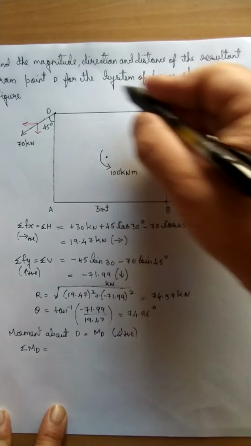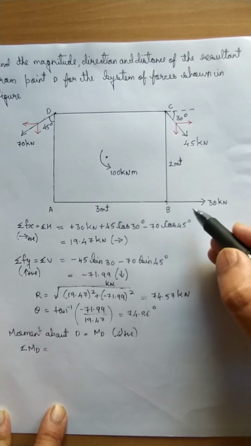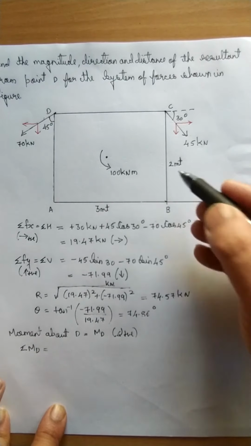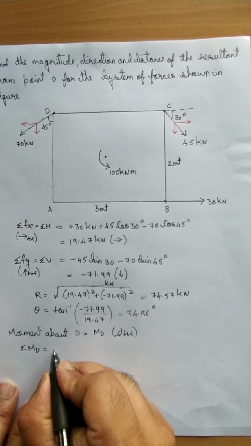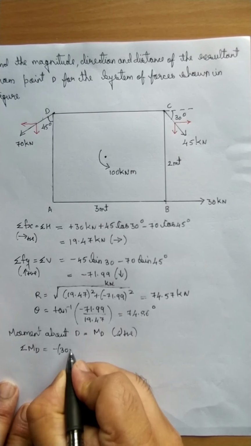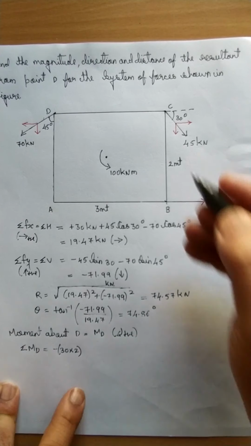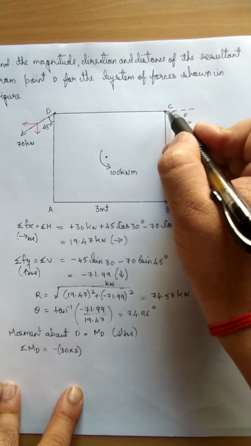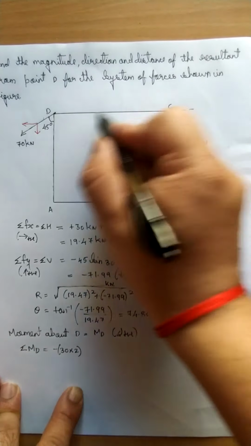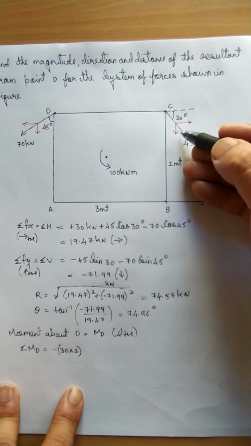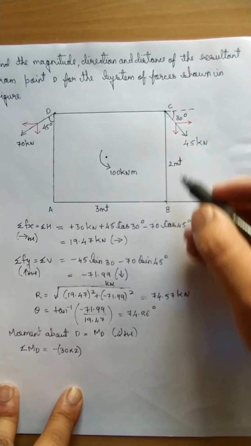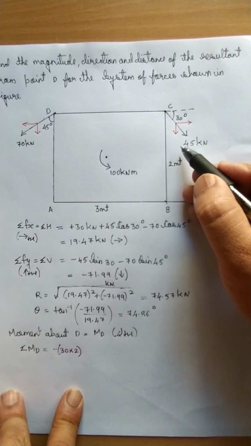This is going anti-clockwise, so minus 30 into 2. Then we have this acting here only, so the horizontal component will not have any perpendicular distance, but the vertical component will have.